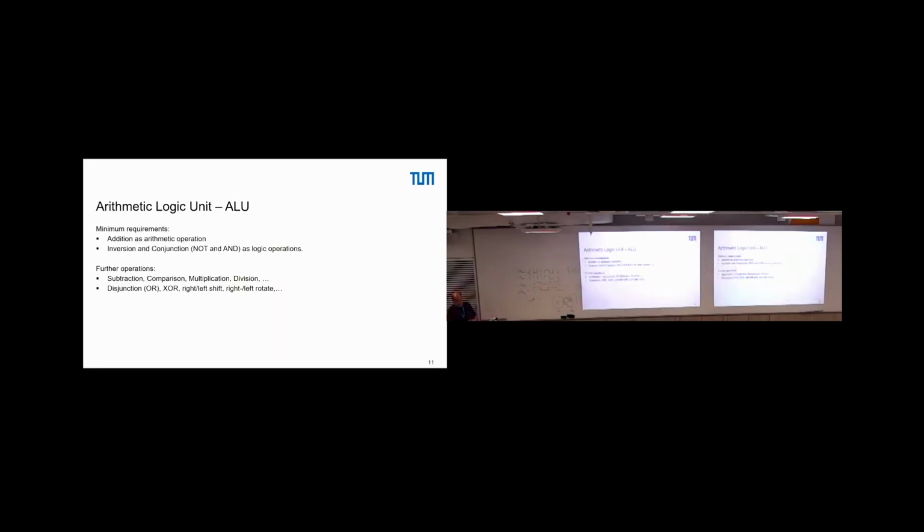Now the core thing in our computer usually is this ALU, the arithmetic logic unit, which is there to do the actual operations. Such an ALU has minimum requirements: we need to be able to do an addition, and we need to be able to do inversion and conjunction.